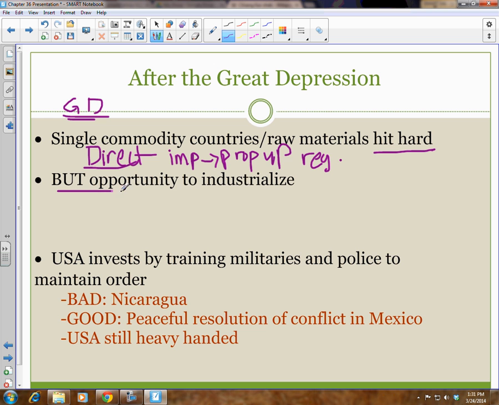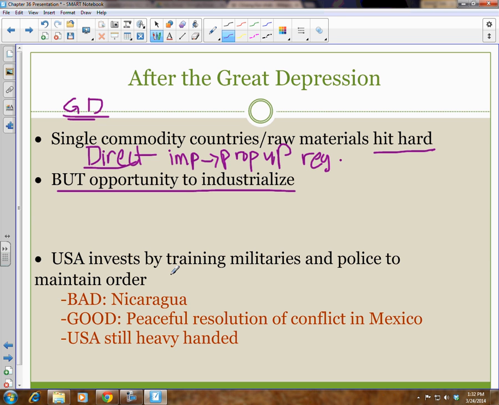However, this did allow Latin America the opportunity to industrialize when they were out from under the thumb of the United States. In several states, getting to the lower bullet, the United States financed and trained police and National Guard forces that supported the American-friendly economic and military elites. Sometimes this was very good, and sometimes this was very bad.